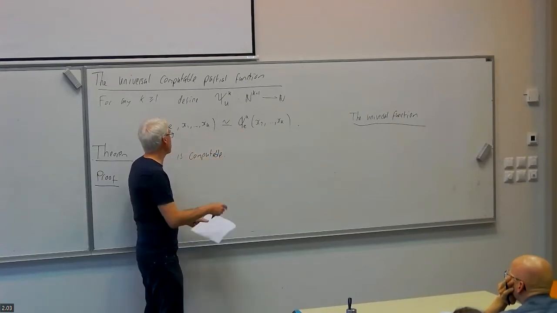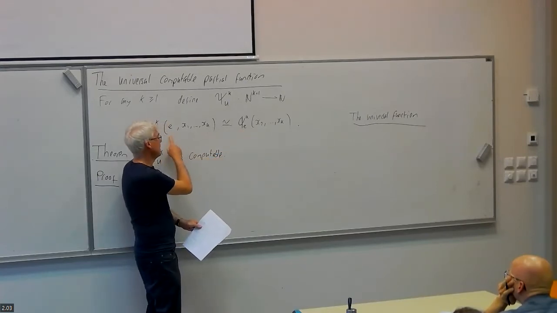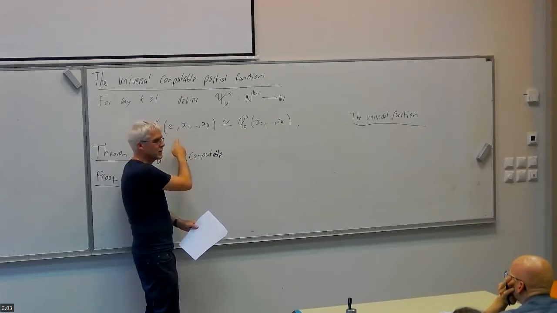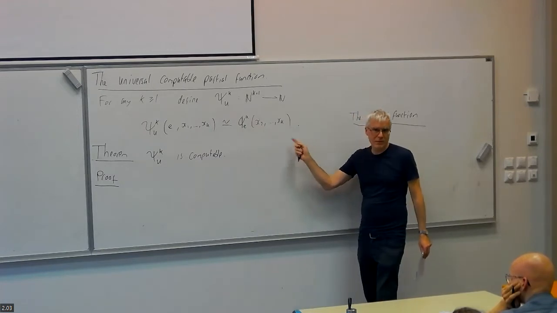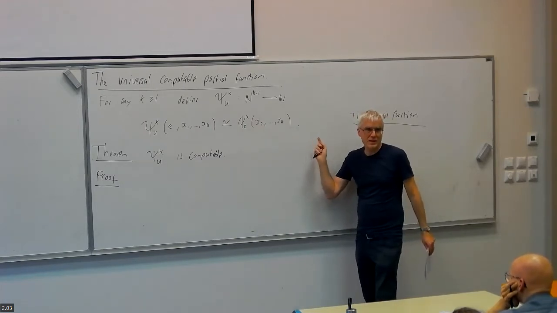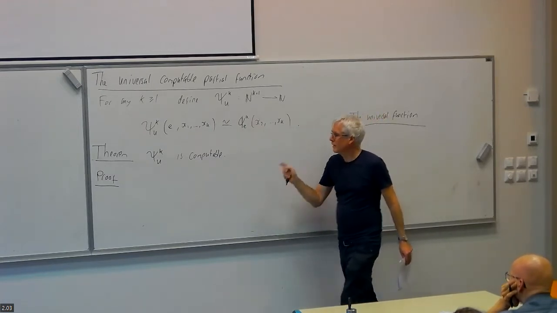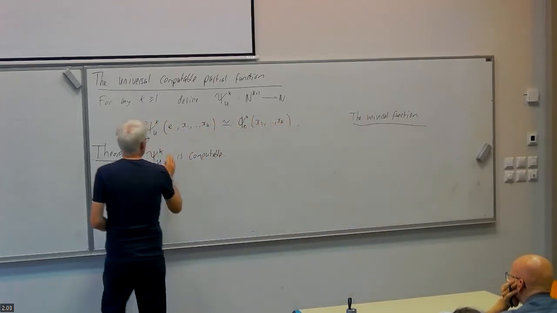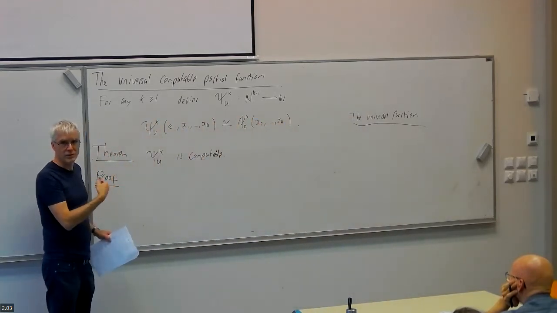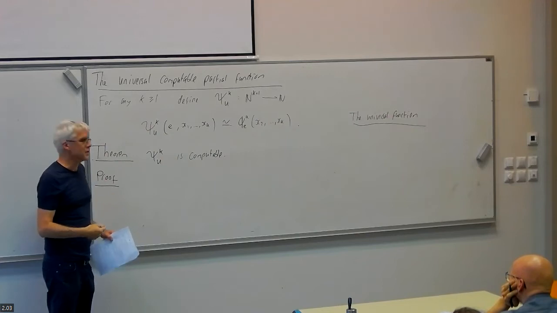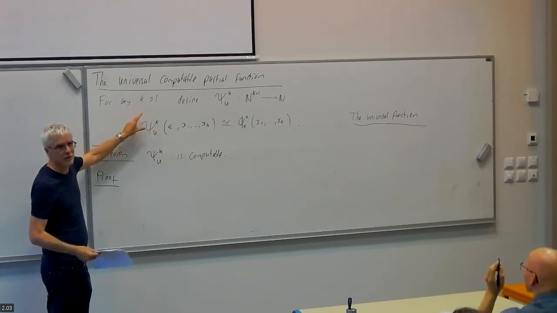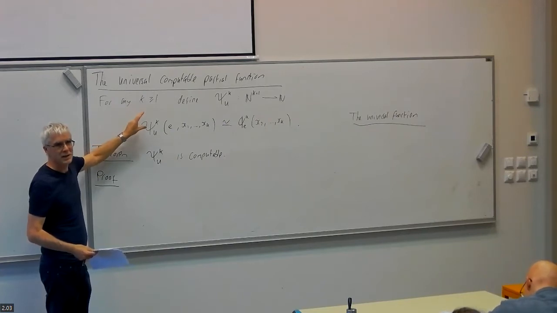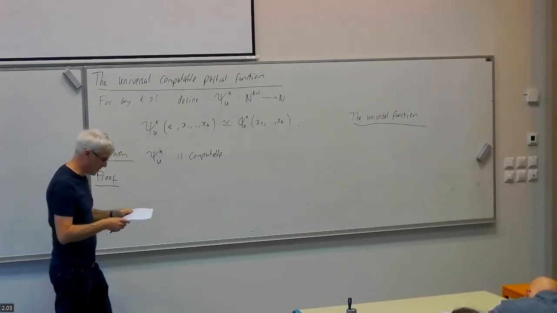So we want our Turing machine to take this input e, decode it as a Turing machine, and then simulate that Turing machine, applying it to the inputs x1 through to xk. So unsurprisingly, the Turing machine that does that is going to make use of the universal Turing machine. So although we've got a nice neat definition of a universal function, we still need to use our quite complicated universal Turing machine to actually show that it's computable.